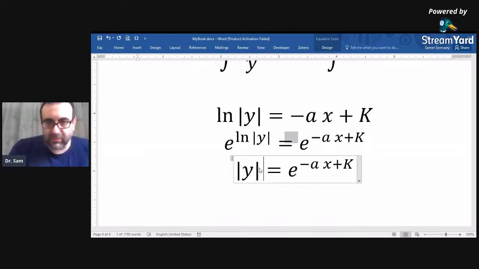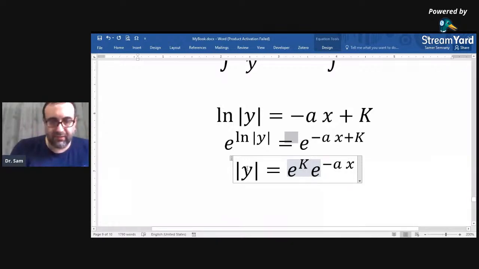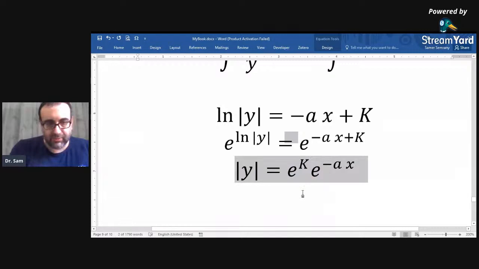But this one can be written as e to the power k times e to the power minus ax. And because we have absolute value here, we can get rid of it by plus or minus.